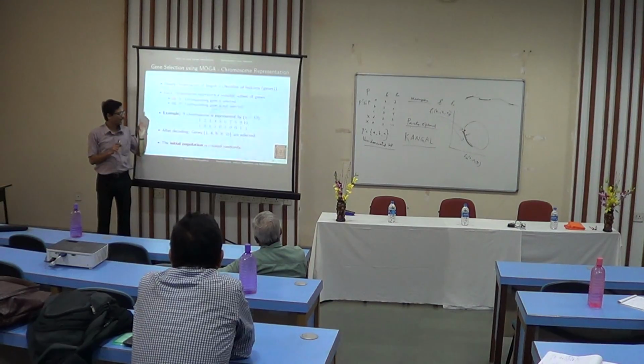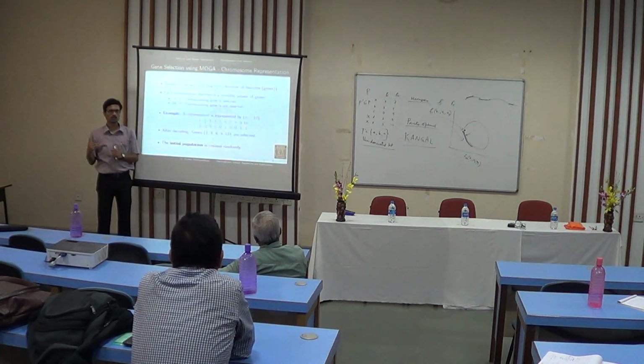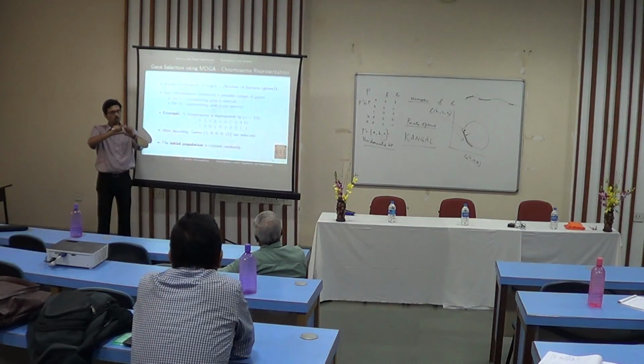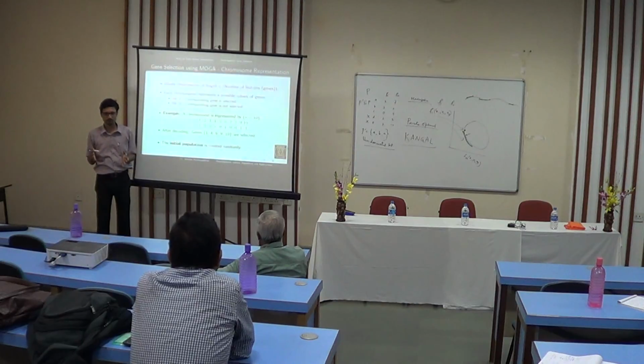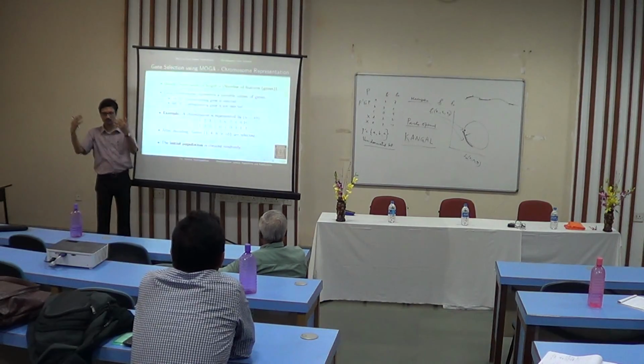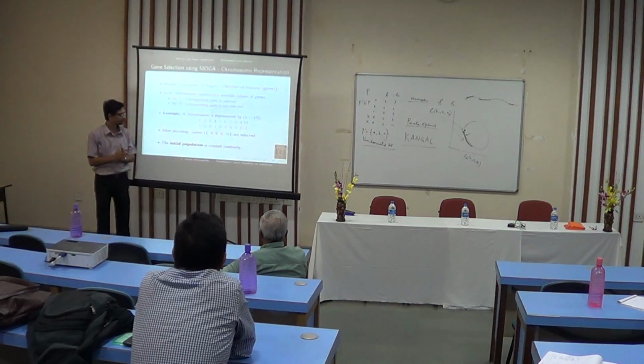Now, what will these binary values represent? If the ith bit is 1, that means the ith gene is selected. If the ith bit is 0, that means that gene is not selected. So this is how a binary string defines a subset of genes from the complete set. Only those indices with ones will be selected in that subset.